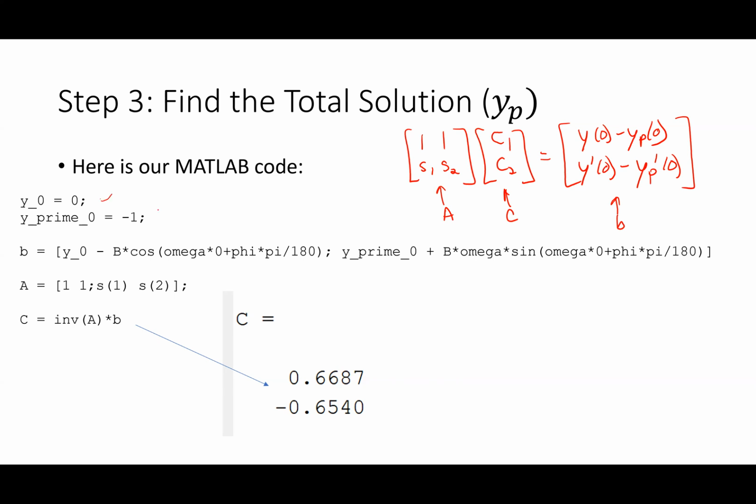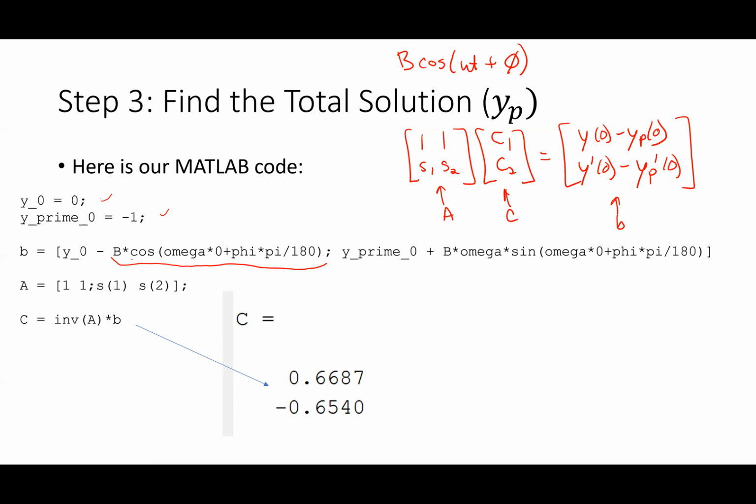I wrote in two variables, y underscore 0 and y underscore prime underscore 0. These are my two actual initial conditions, so I'm going to use those to define my B vector. But I'm also going to need to know what y particular of 0 is. Y particular, we determined, was b cosine omega t plus phi.